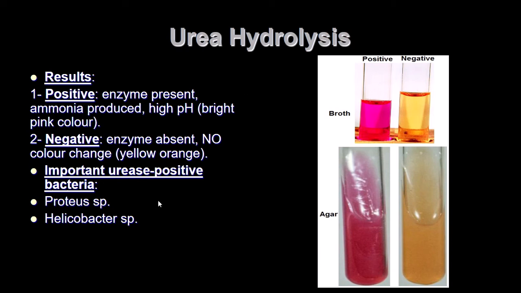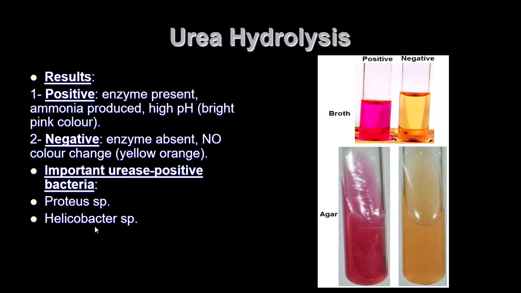So Proteus, for example, produces the urease enzyme, which is very, very important to know if the bacteria produces the urease or not.